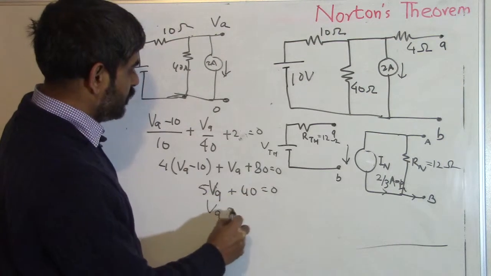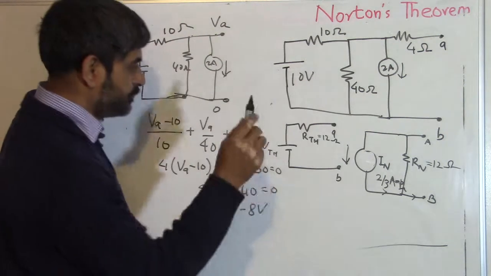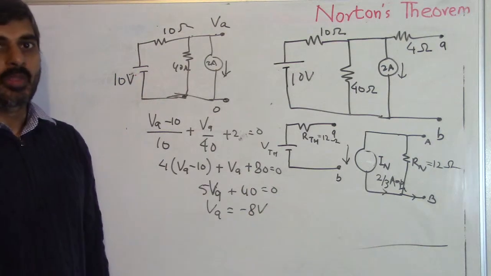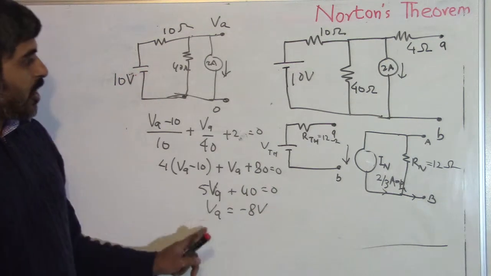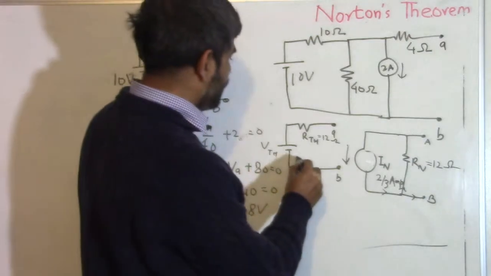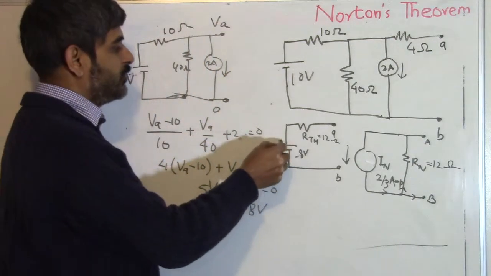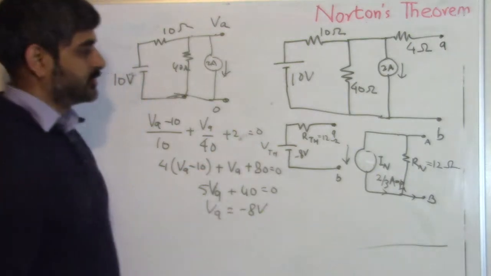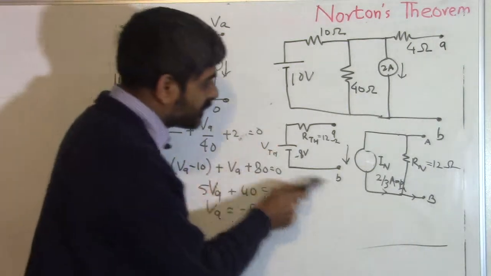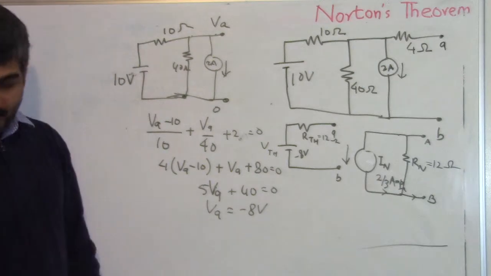So VA is equal to minus 8 volt. Now the Thevenin voltage is minus 8 volt. That means the actual polarity is reverse to what we had seen, and that is how you see that the current is flowing in this direction here.